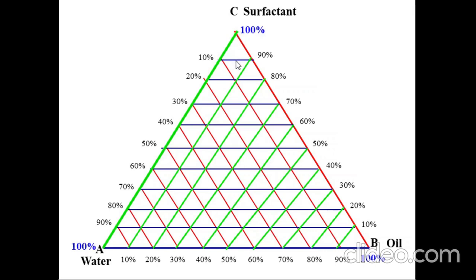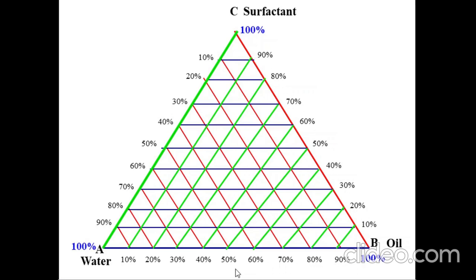and this line represents 90%. This line represents 80%, 70%, and here what we are trying to focus on, this line, that is the blue line, represents 60% of surfactant. Right? So this is the percentage marking for surfactant.